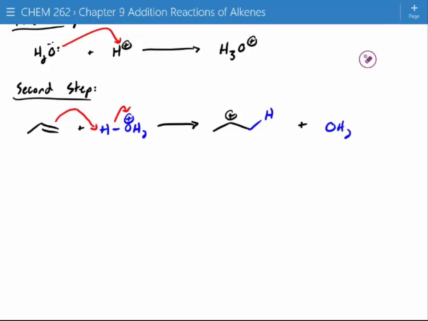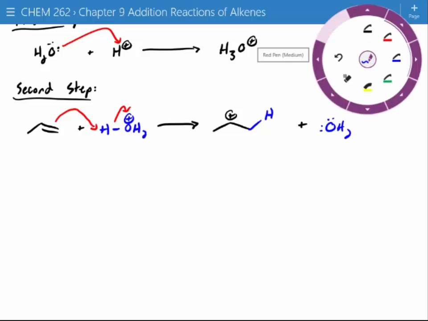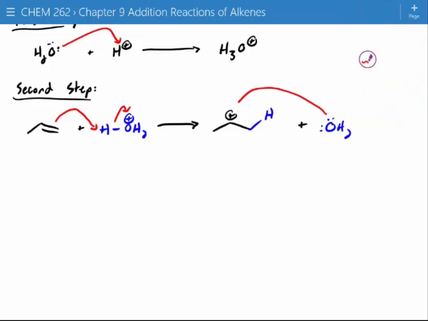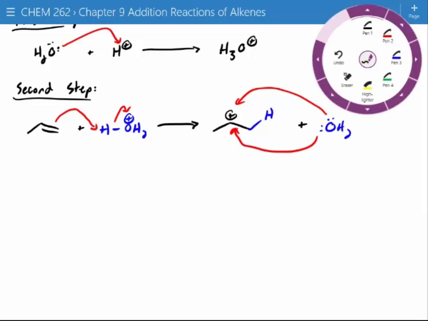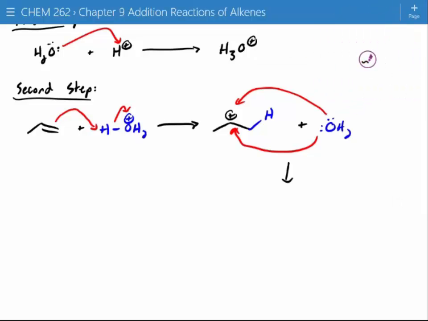This water can act as a nucleophile and add into either the top face or the bottom face of that carbocation. Both are equally likely. And when you do this, are we going to get a mixture of products, or will the mixture just be the same? The same.